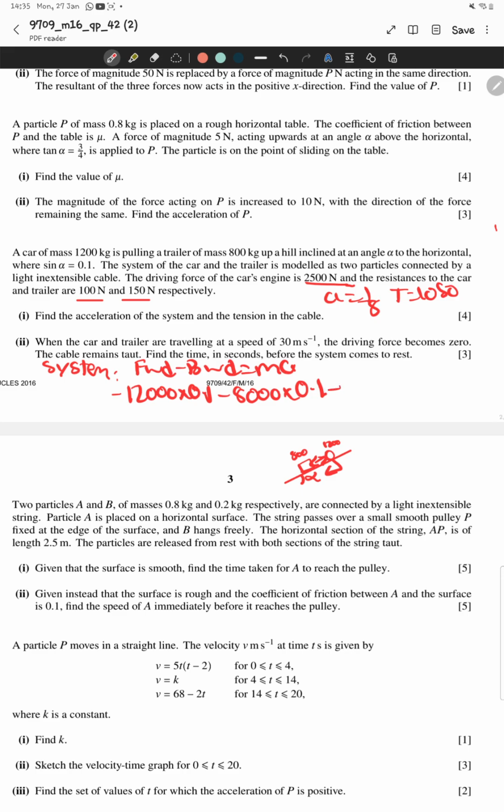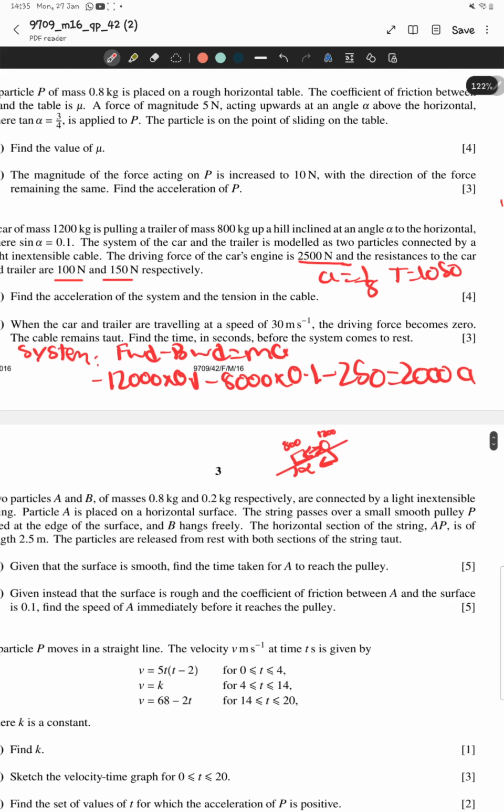And then I guess 100 and 150 as well, because they're constant. 100 and 150 is just 250 equals MA. M is just 2000, so this is 2000A. And now let's just calculate this: 1200 plus 800 plus 250.